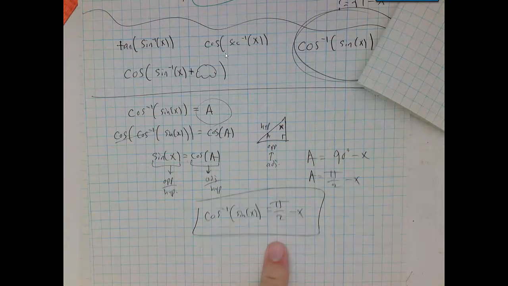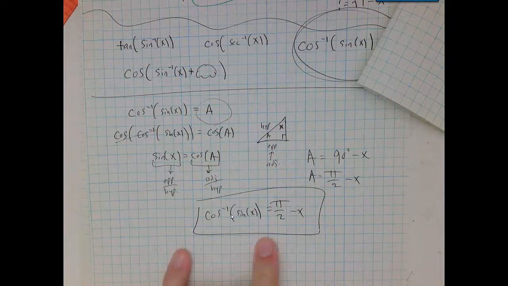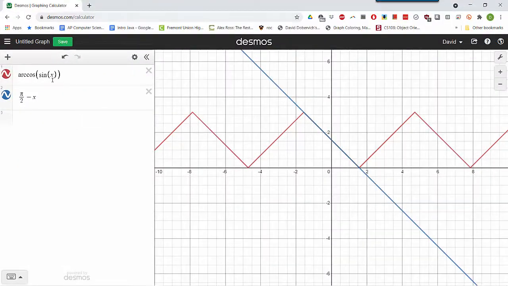So there's one more note to make here, and maybe we should have made this note earlier. Let's graph both sides of this. Let's graph the left-hand side and the right-hand side, and you'll see an important thing. So here's the left-hand side, inverse cosine of sine of x. Here's the right-hand side that we simplified, and we see that they are, in fact, the same as long as the angle is between these two values here.